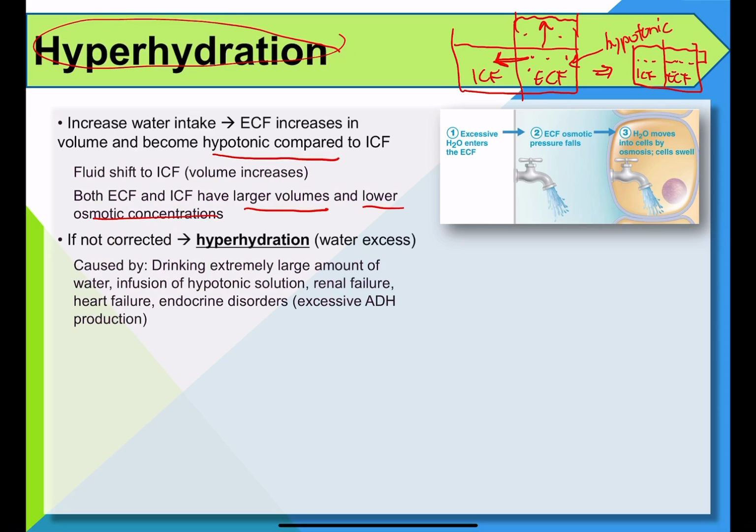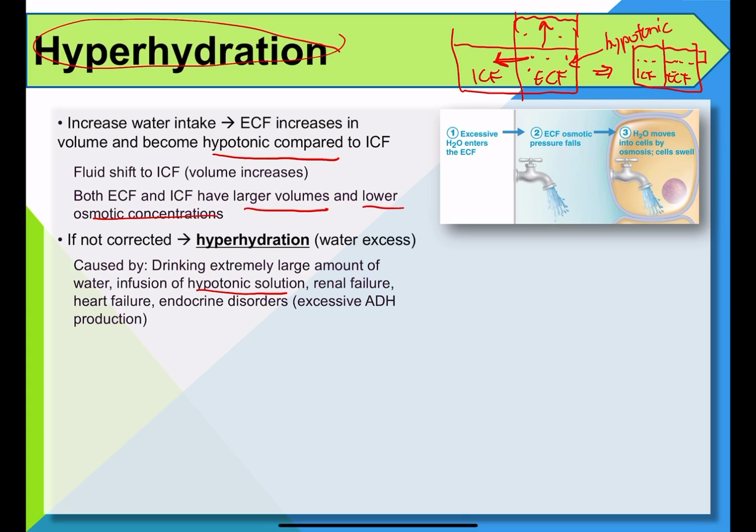Hyperhydration means either drinking an extremely large amount of water. We're talking about gallons of water within minutes or a few hours, like a water drinking contest without going to pee, and you didn't exercise. Or abnormal situations, like if you're accidentally infused with hypotonic solution by a health professional that didn't know what they were doing.